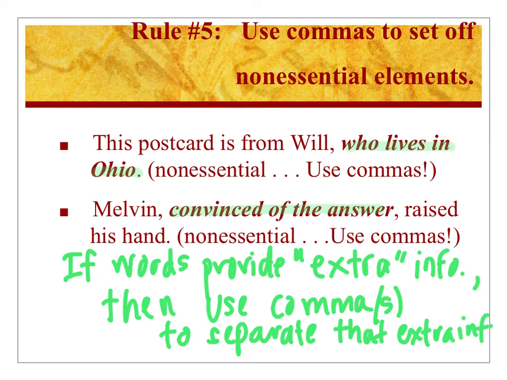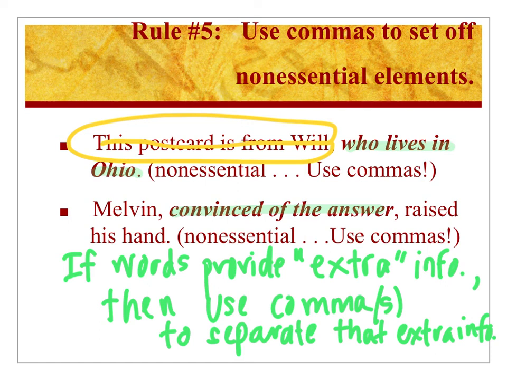So if I want to tell you more information about Will, who lives in Ohio, I could tell you, this postcard is from Will, who is my best friend. This postcard is from Will, who plays basketball. This postcard is from Will, who lives in Ohio. All extra information, but you still have the main sentence that tells you that the postcard is from Will.